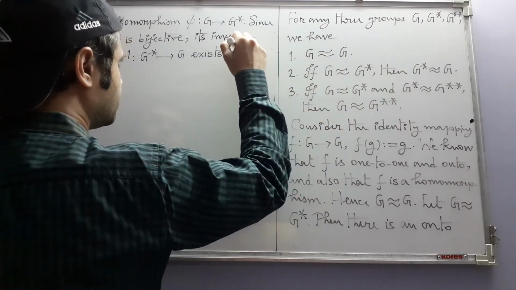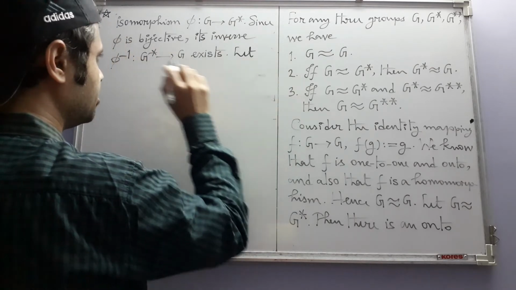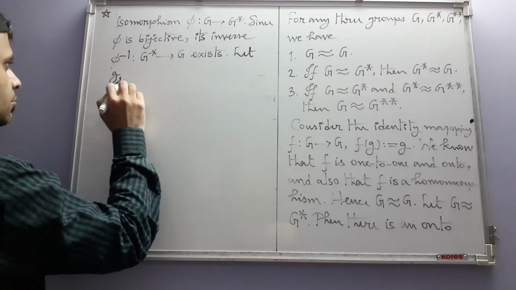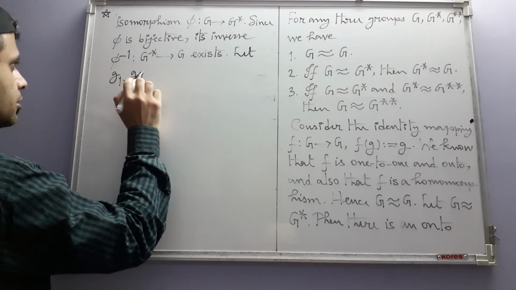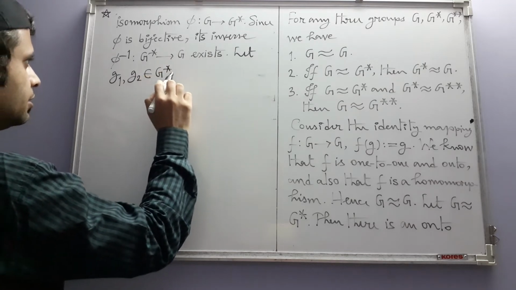So to show that it's a homomorphism, we consider two elements here. Let G1 and G2 be two elements in G star.